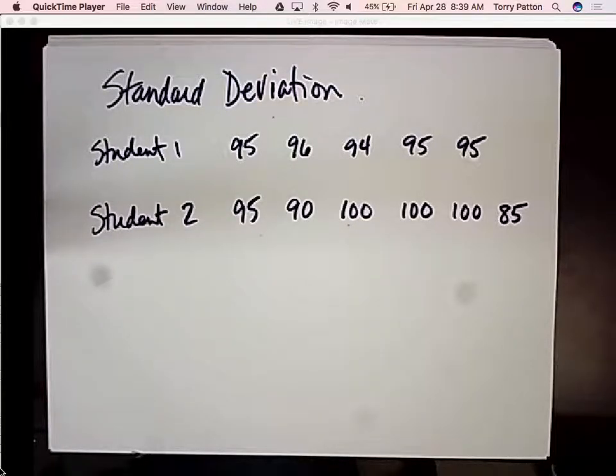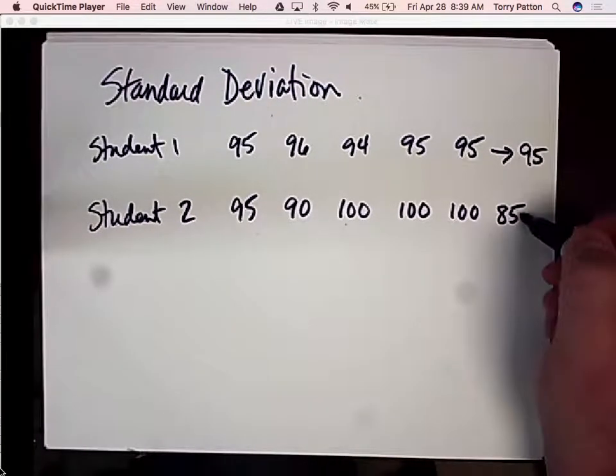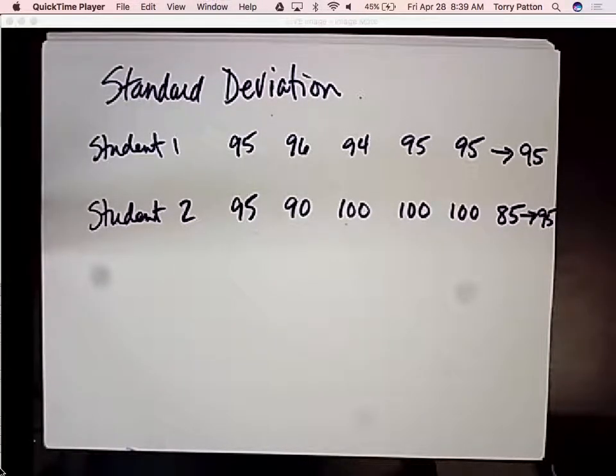Okay? Both of them have an average of 95. But do you see these sets of numbers look very different? What's different about student 1 and student 2? On the report card, they would have the exact same grade.